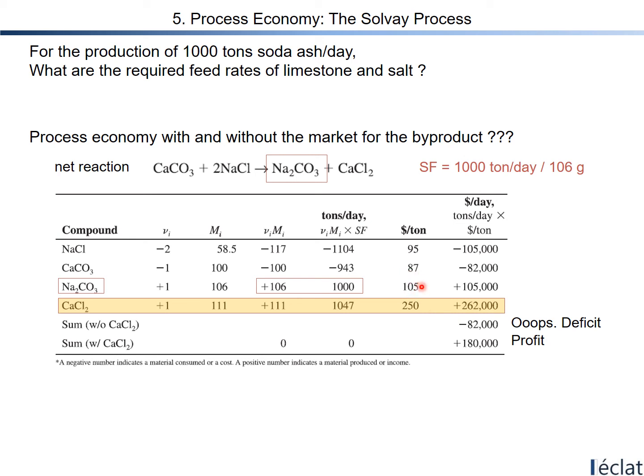So we should sell calcium chloride as well as sodium carbonate, and then plus this value, finally we can reach profit. Only when we sell or market the sodium carbonate and calcium chloride can we earn money. This is the process economy, and from the process economy analysis, we could recognize whether we can earn or lose money from the chemical processes.